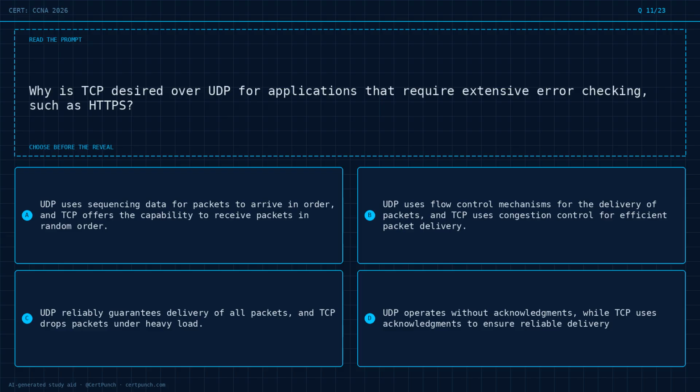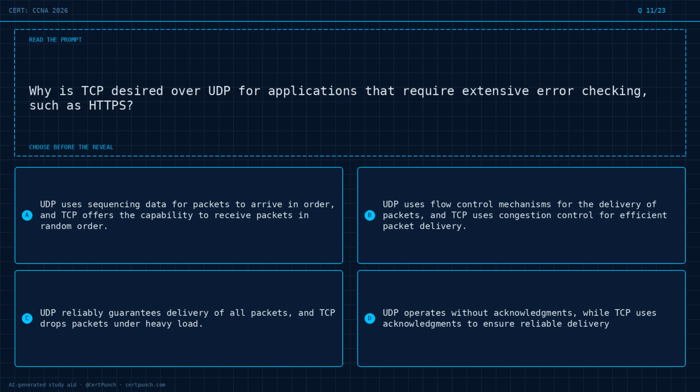Why is TCP desired over UDP for applications that require extensive error checking, such as HTTPS? Option A. UDP uses sequencing data for packets to arrive in order, and TCP offers the capability to receive packets in random order.